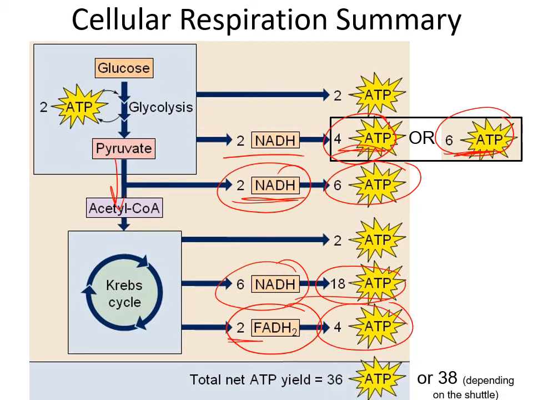So that gives us a grand total of 36 ATPs per glucose molecule. And if we're lucky, we might get 2 more than that if we can get good shipping costs on the electron carriers into the matrix.